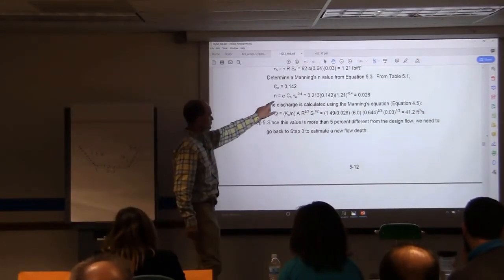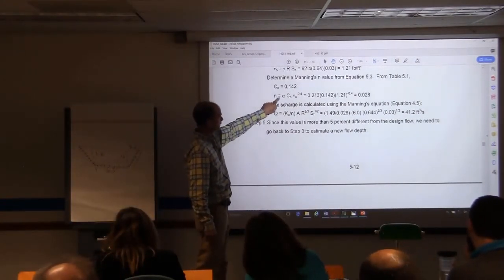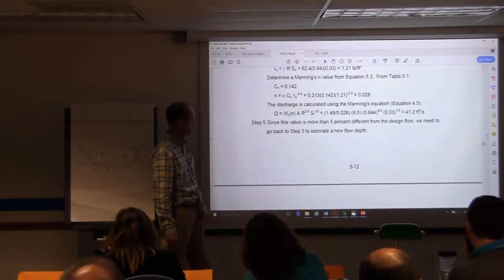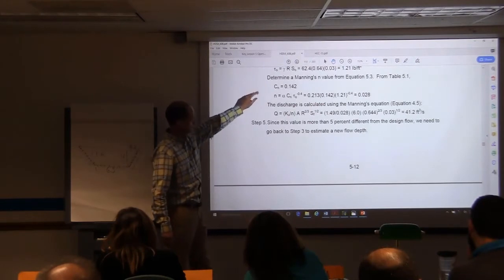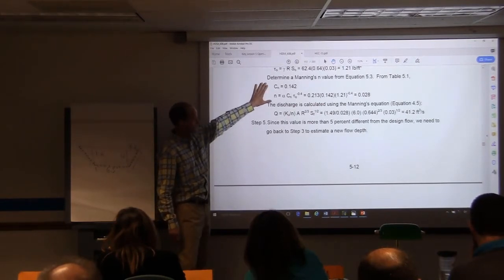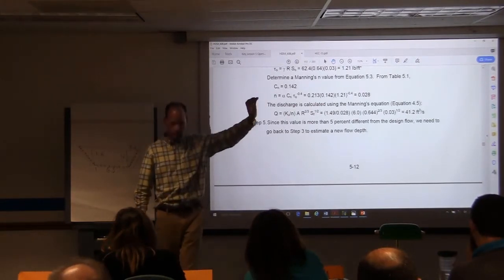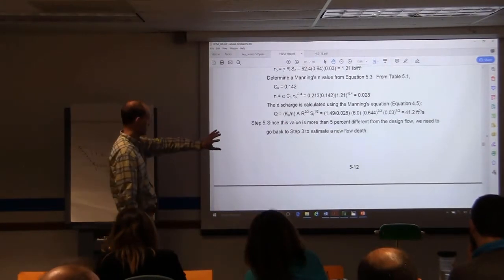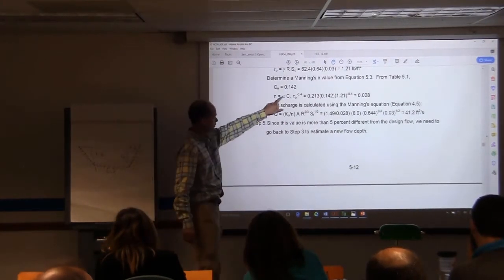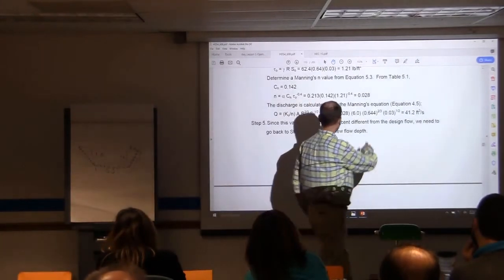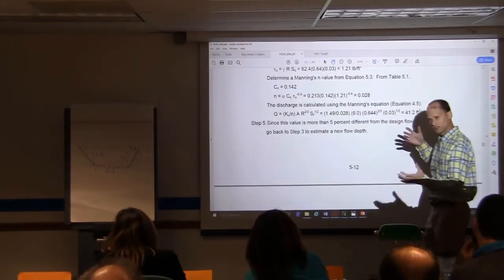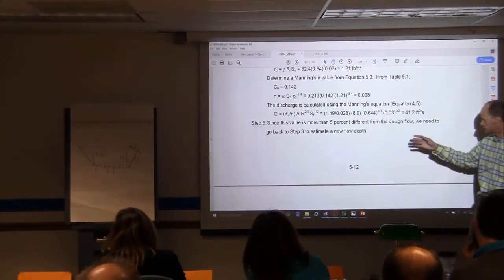After getting assistance from our good friend HEC-15, and looking up these couple of parameters based on what type of vegetation we have, we calculate a roughness coefficient, 0.028, which sounds fairly reasonable for some light vegetation.